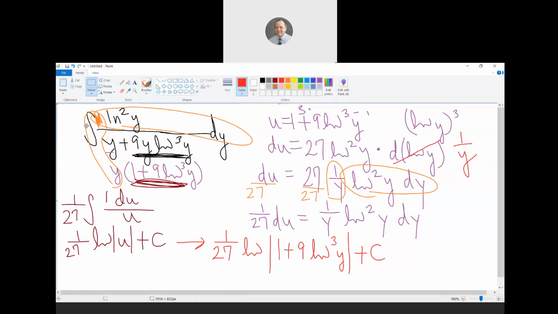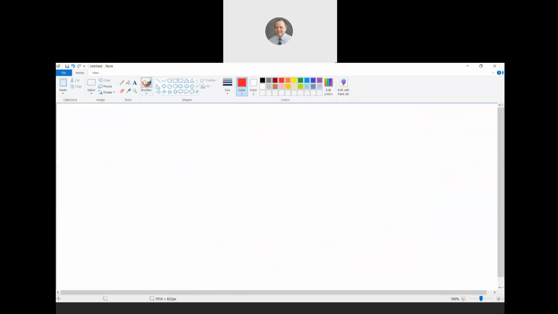So this next problem, we have the integral going from 0 to pi over 2 of 24 times the square root, and all of this is under your square root sign, 1 minus cosine theta d theta.